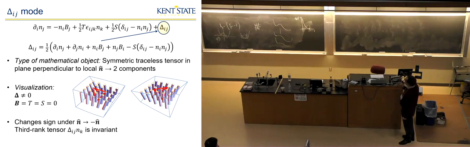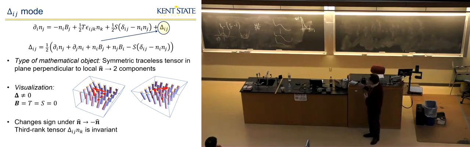Likewise, for this delta mode, you can see the definition of the delta mode being this thing on the left minus this other stuff on the right. This is also odd in n. It changes sign if you go from n to negative n. But if I want to make something that is invariant under that symmetry, no problem. I'll just make a third rank tensor of delta ij times nk.